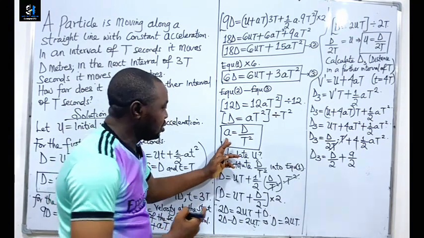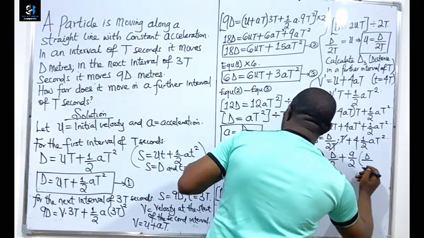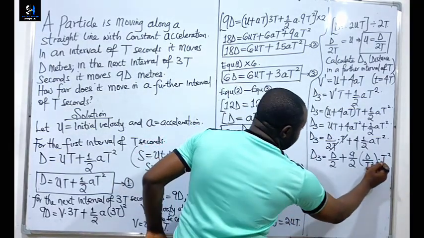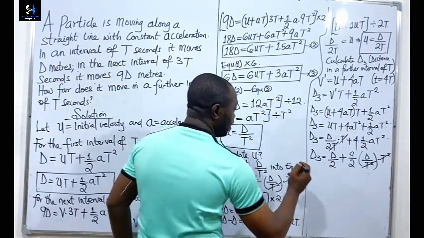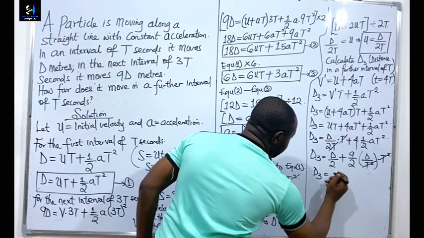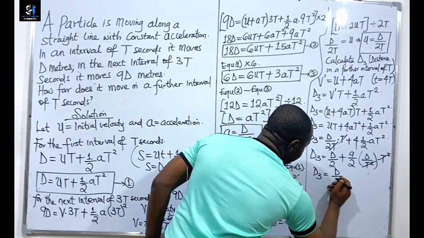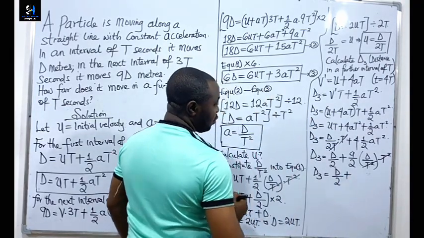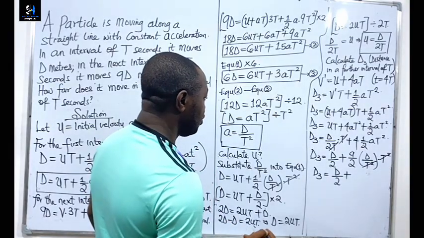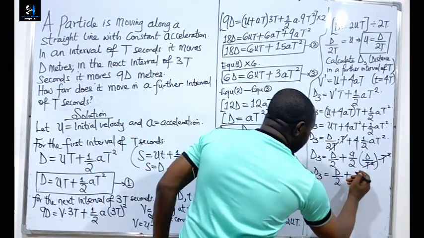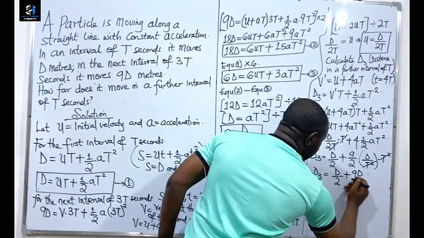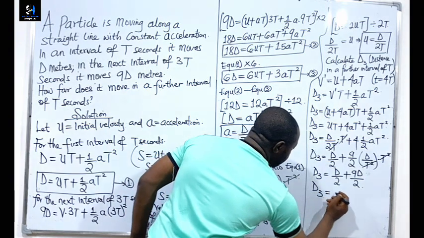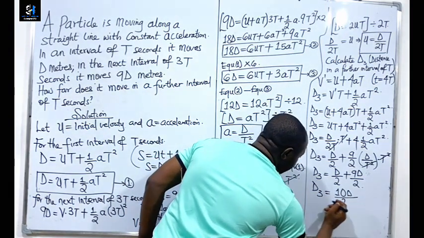The expression for acceleration is d over t squared, and we multiply that by t squared, so t squared divided by t squared will be 1. So d3 will be d over 2 plus 9d over 2, so d3 equals 10d over 2.